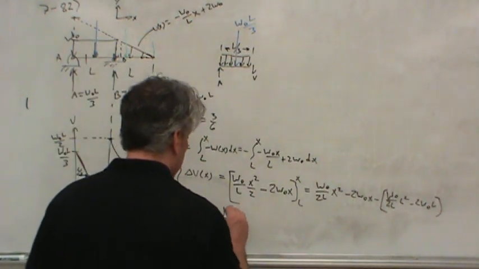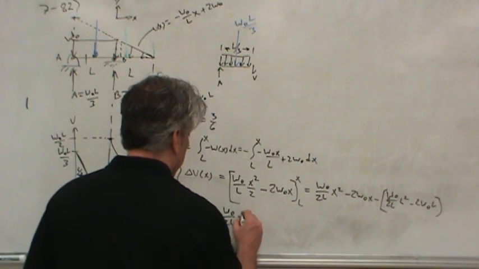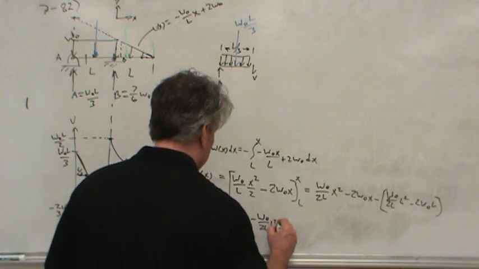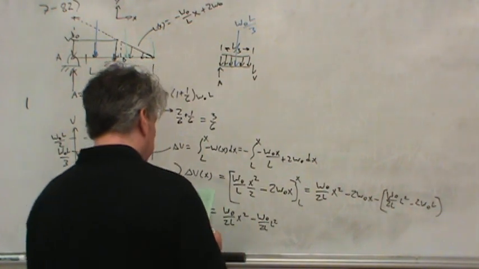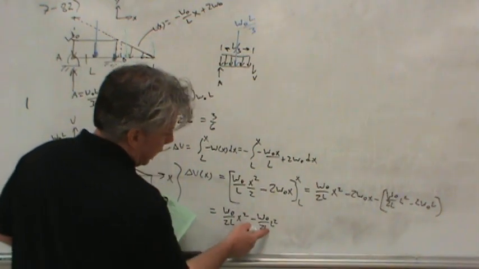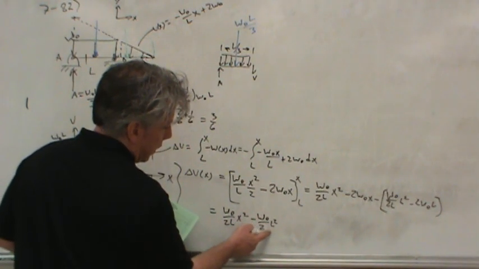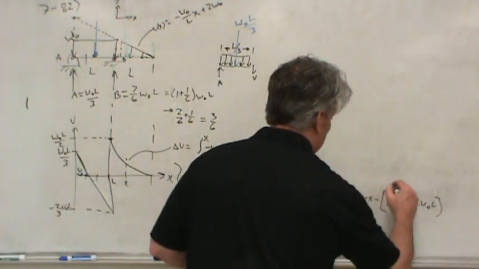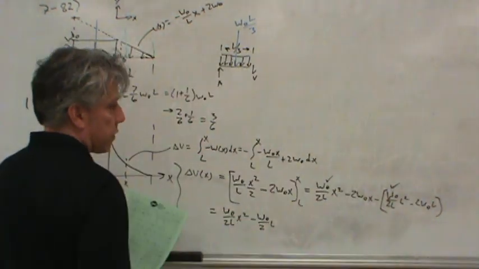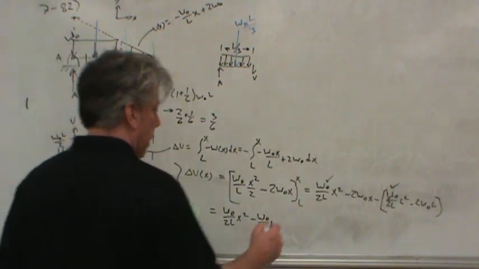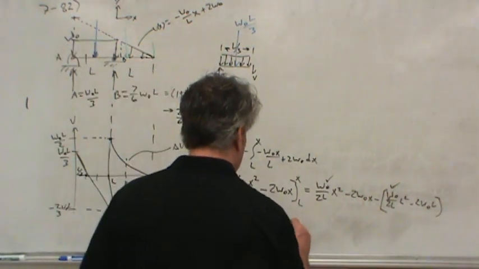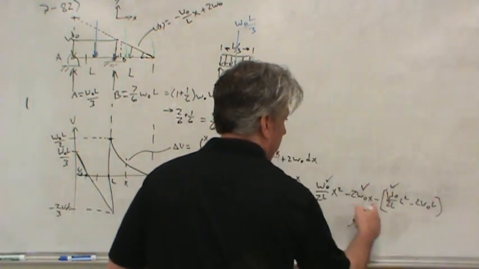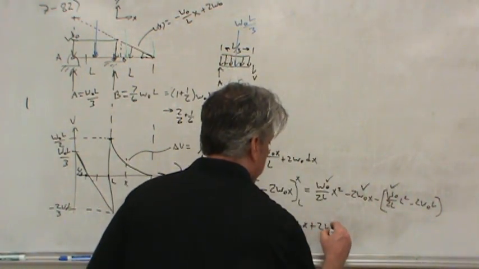So let's just do that. W naught over 2L x squared minus W naught over 2L L squared. How about if I go ahead and cancel one of the L's? There we go. So now I've taken care of both those terms. Observe the sign. And then minus 2W naught x from here. And then negative negative is positive, so 2W naught L.